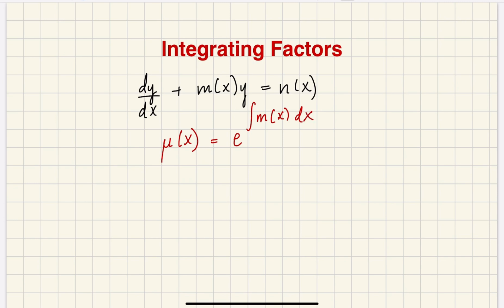How we came up with this? Let's see this with an example. Now suppose you want to solve dy over dx minus 4y is equal to x. Our first order of business is that we're going to multiply each of these terms by mu of x.